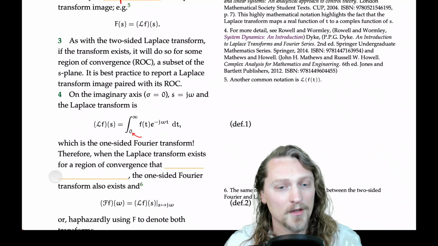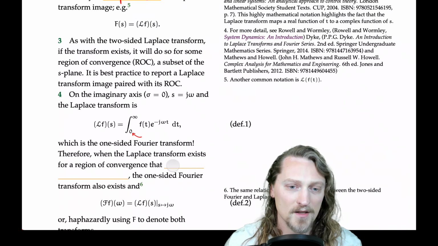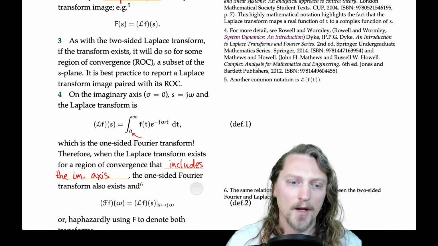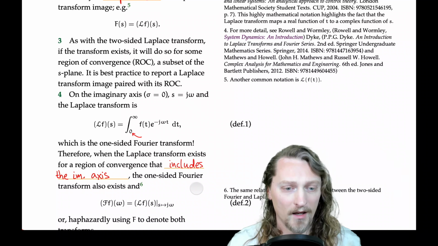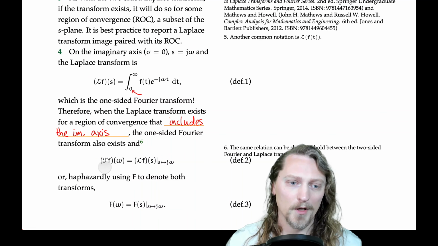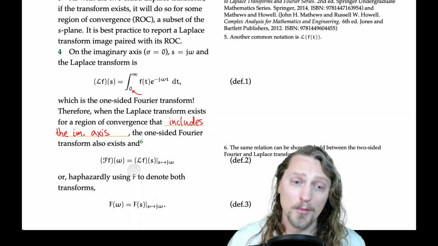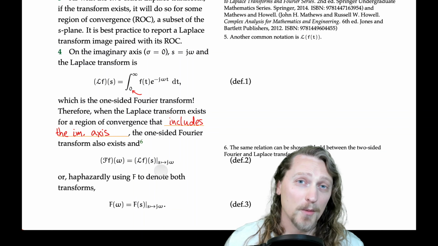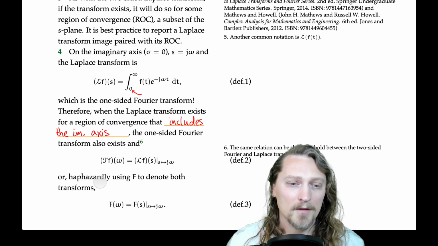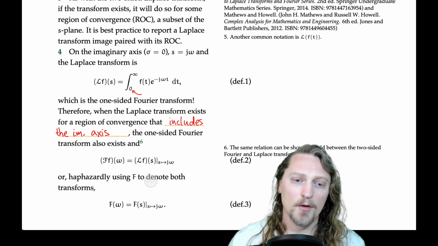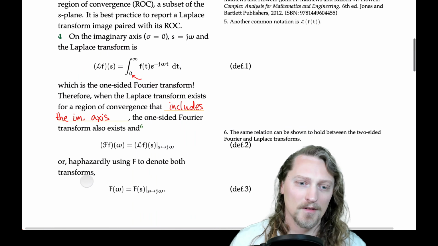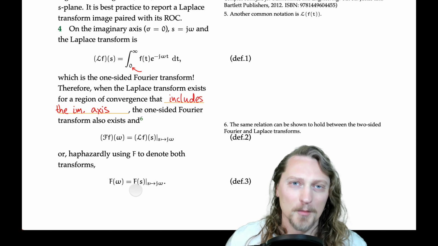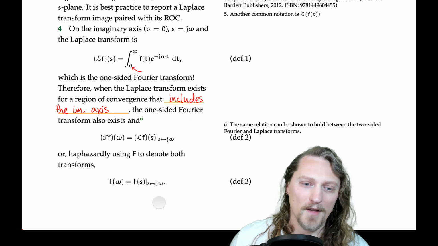Therefore, when the Laplace transform exists for a region of convergence that includes the imaginary axis, the one-sided Fourier transform also exists, and the one-sided Fourier transform of f of omega is equal to the Laplace transform of f of s, where s is evaluated at j omega, or haphazardly using F to denote both transforms, F of omega, the one-sided Fourier transform, is equal to the Laplace transform, where s is evaluated at j omega.